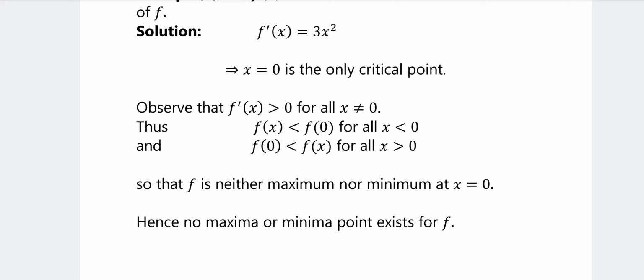So in this lecture, I am summarizing what we have discussed. We have seen applications of the mean value theorem. We have studied two applications. The first application is finding important inequalities.